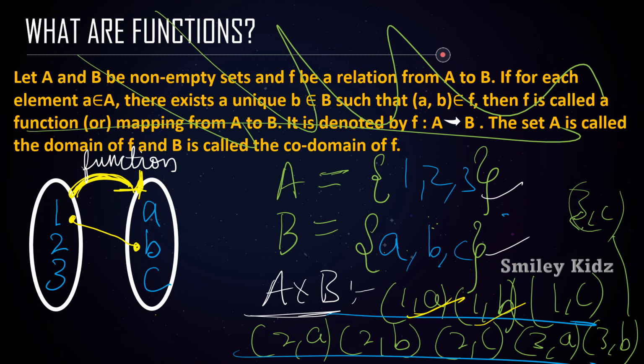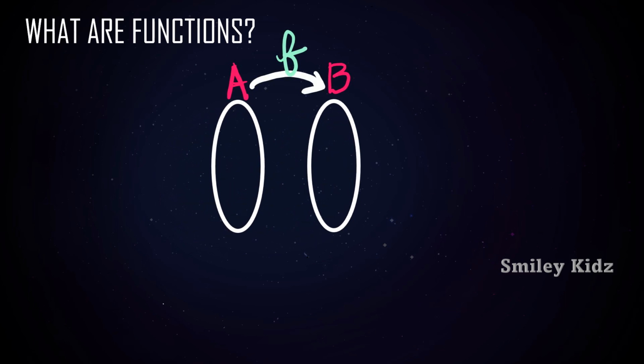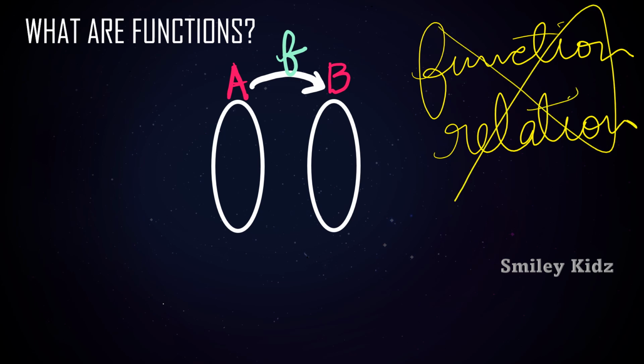Now is this all a function? Is this all we are learning over three parts of videos? No. Let me explain the difference. Before we even understand the difference between a function and a relation, in fact, there's a huge difference between these two.